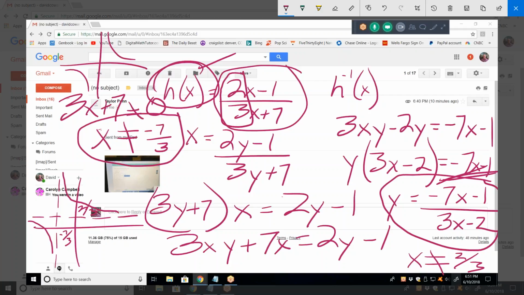What do you suppose the range is? All real numbers except 7/3. Negative 7/3. Yeah. So you just switch them. In other words, once you have the domain and range of a function, you have the domain and range of its inverse also. It's just switched.